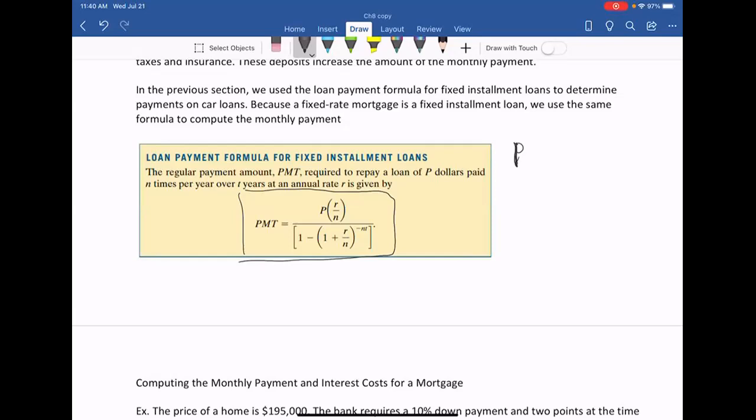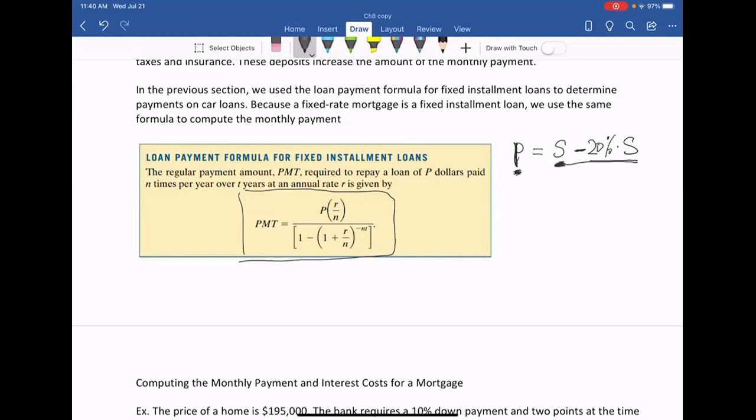For this P, we need to find the difference between the selling price, for example the house's sales price S, and the down payment. For example, they need to pay 20% as a down payment. So it's the difference between the sale price and the down payment.